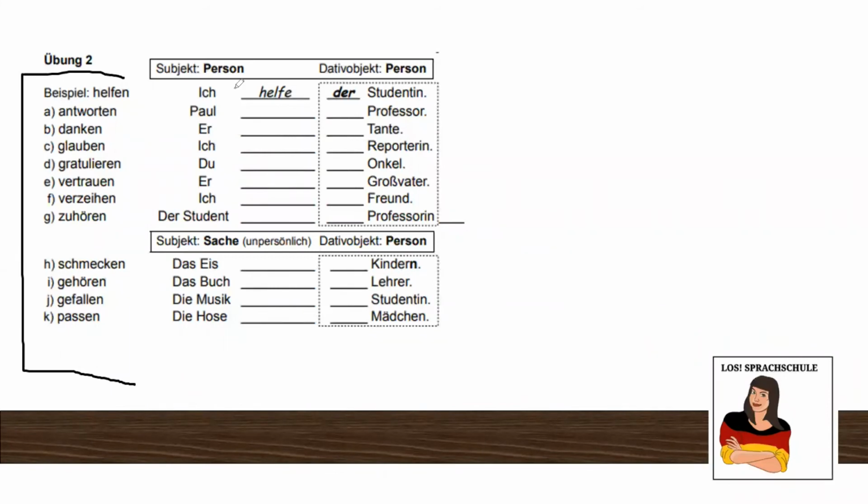A thing to say is that in the first little box here, we have the subject being a person and the object being also a person. Like we did before, I know him, but he doesn't know me and stuff like that. This was accusative. So subject person and the object is a person. The second one is an impersonal thing, Sache, we say in German, and the object being the person. So take your time, do the exercise, and then we will compare.